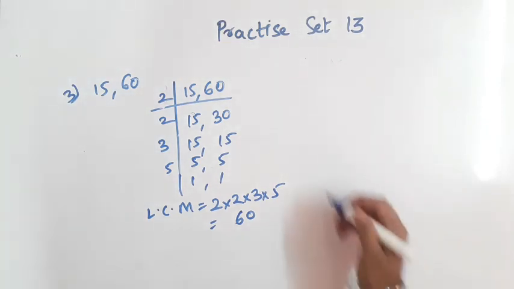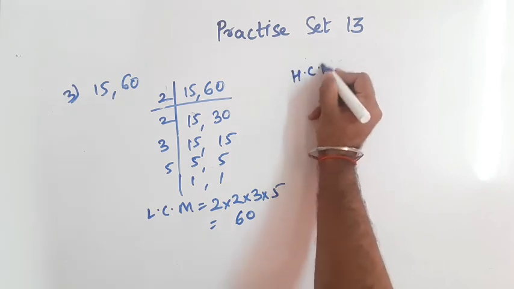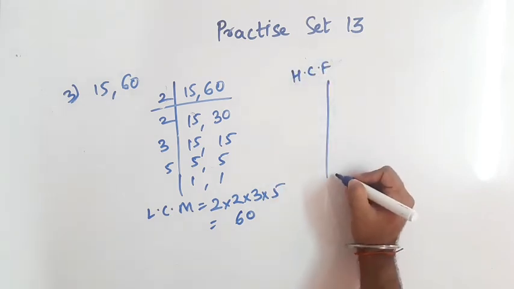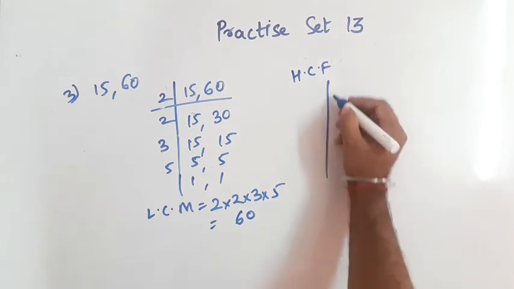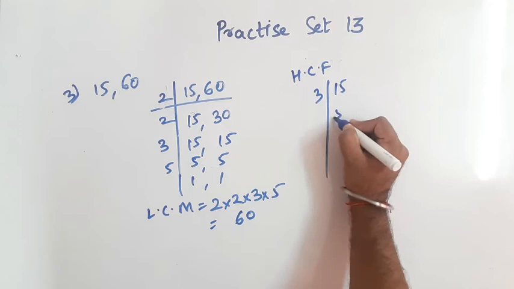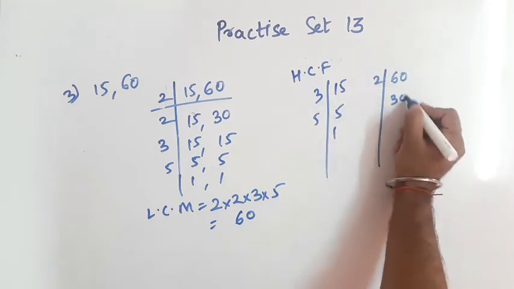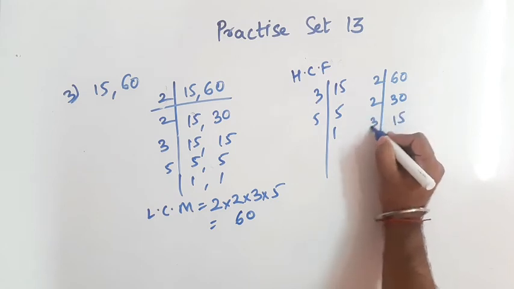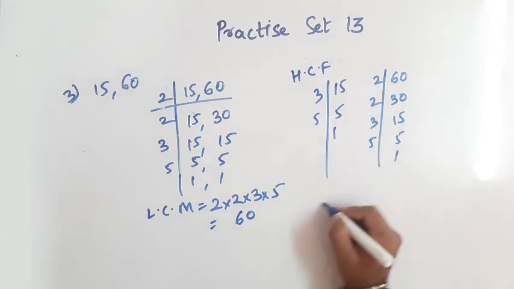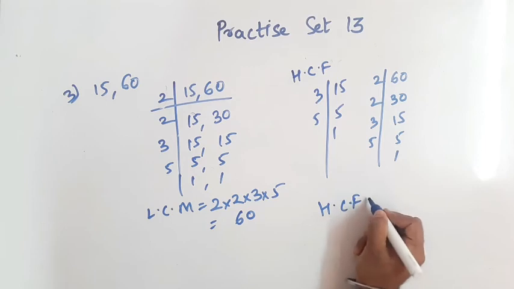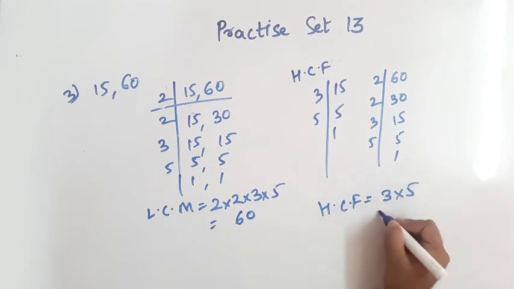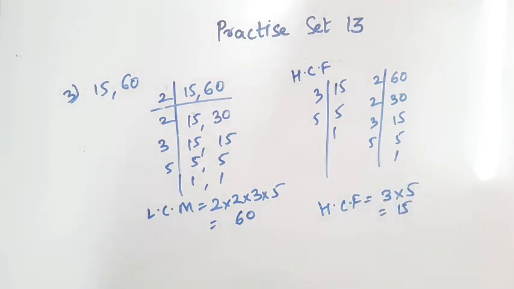Then HCF. 15: 3, 5, 5, 1 and 60: 2, 30, 2, 15, 3, 5, 5, 1. You can see the HCF or the common factor is 15.